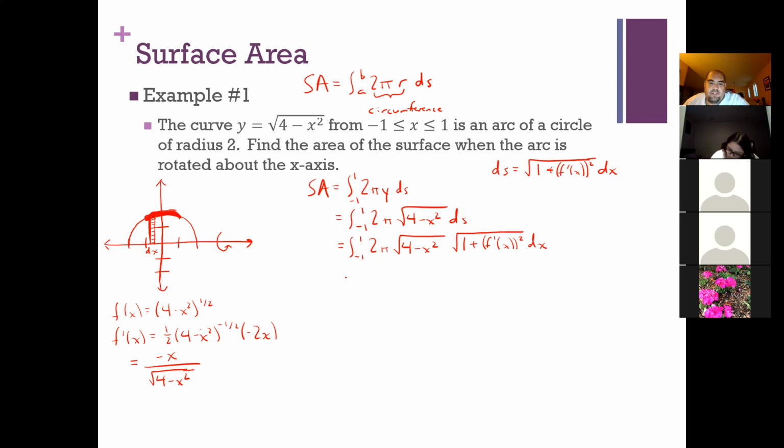So here's our derivative. I'm actually going to pull the 2 pi on the outside. If we square that, we get the square root of 1 plus x squared over 4 minus x squared, dx.